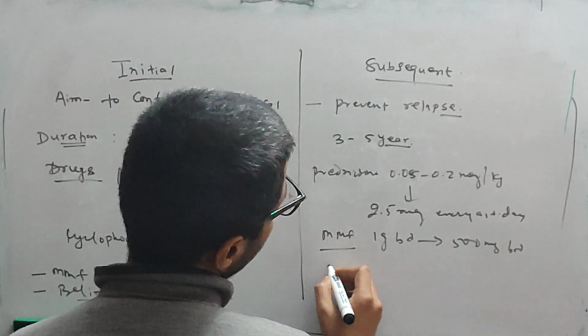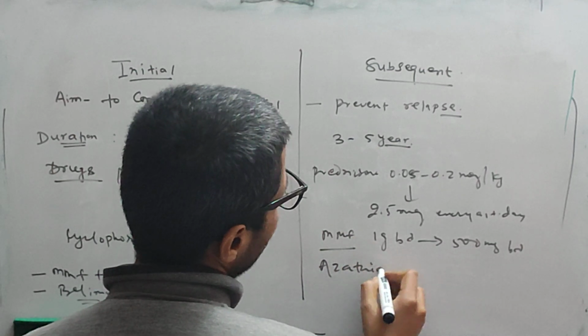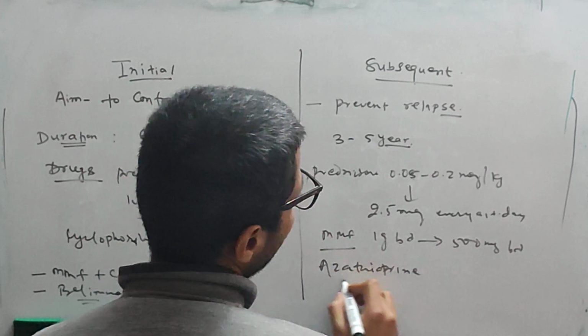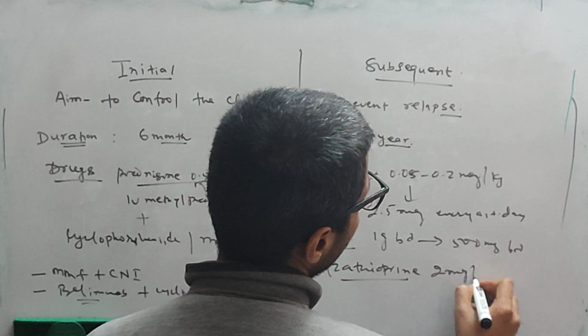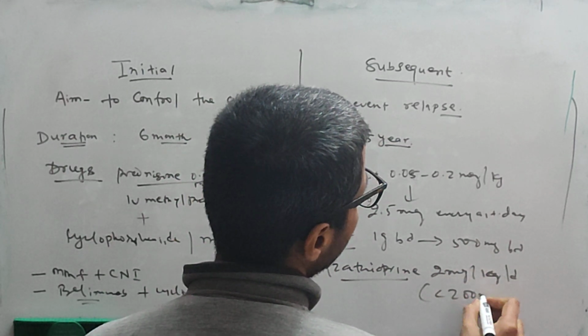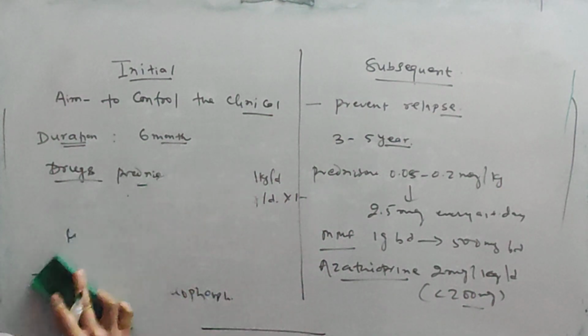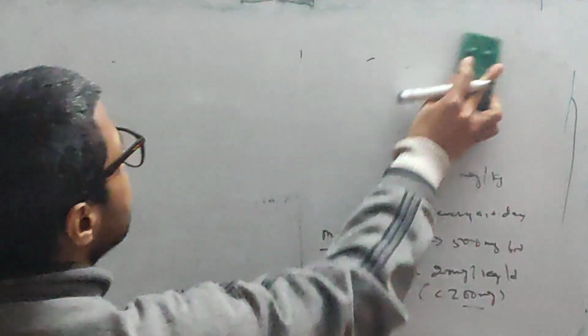Or you can use azathioprine, if patient cannot tolerate mycophenolate, 2 mg per kg per day, limiting the dose to less than 200 mg per day. Okay, so this is in short about initial therapy and subsequent therapy.